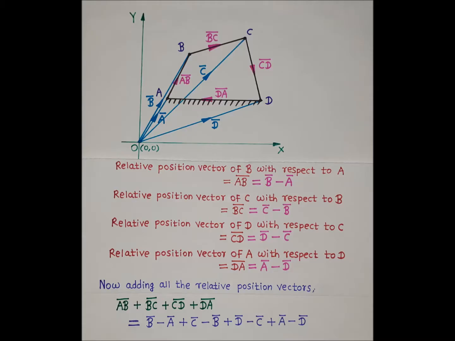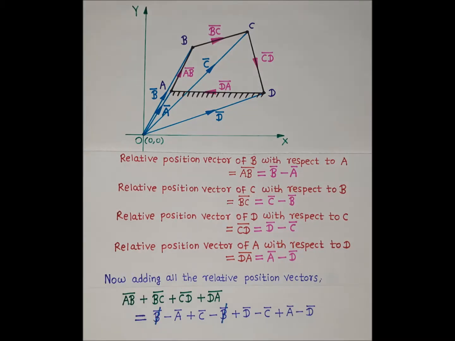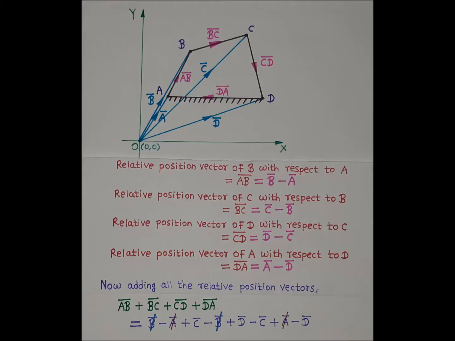Okay, so now we can notice here we are having B bar with positive sign and negative sign. So definitely that B bar will be cancelled. Okay. Similarly, we are having A bar with negative sign and positive sign. So it will be also cancelled.